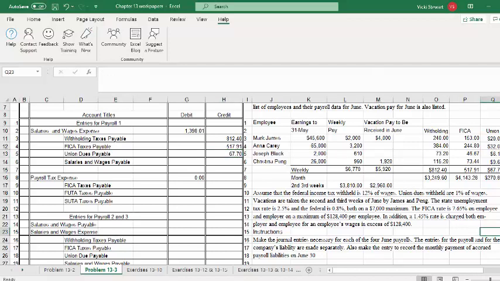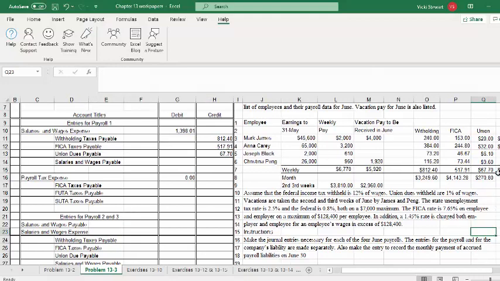The net pay on the payroll register is $5,371.99, and I have my spreadsheet adding all of those up, and you see that it does equal the gross pay, $6,770. Now remember, we also have to record each week the employer's portion, or the payroll tax expense.